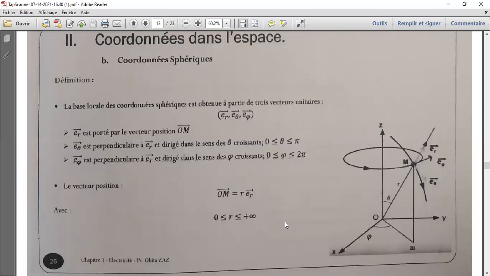There's the radius O and M, the grand M, the big M, which is denoted by R. Then there's also the radius O and a small m, which is going to take what?